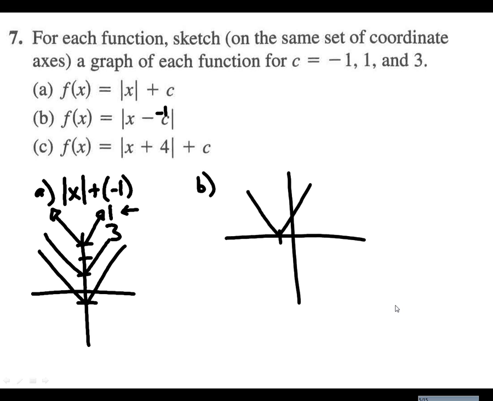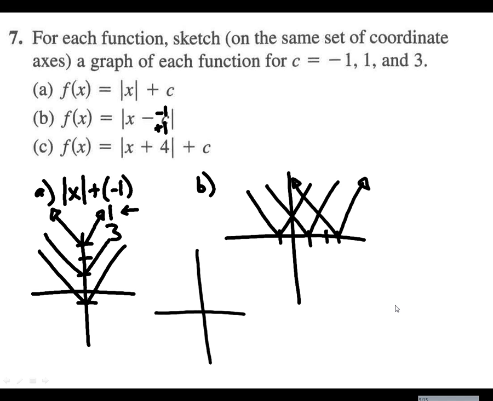If we put a positive 1 in here, we'll have negative 1. Opposite goes over here, shifted to the right 1, and the last option is shifted right 3. Like that. And our third option, every single one is going to be shifted to the left by 4.